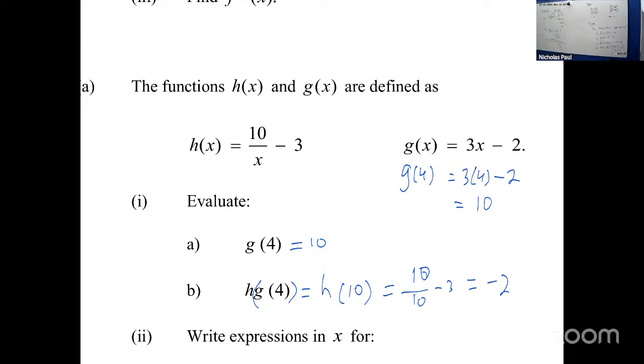You okay with that? So that's how you find h of g. Any questions online? You all got that? Minus 2. Right, good job, finish up.